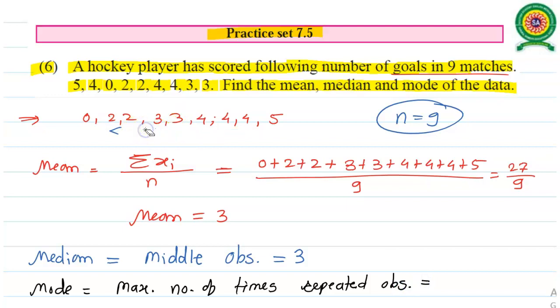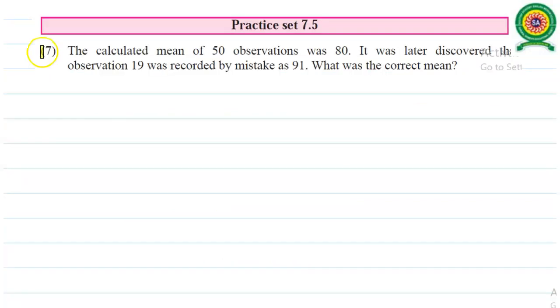Here 2 is repeated 2 times, I am writing it at the bottom of the given observations. 3 is repeated 2 times and 4 is repeated 3 times. So the observation repeated the maximum number of times is 4. So the mode of the score of the hockey player is 4. Look at question number 7 from practice set 7.5.